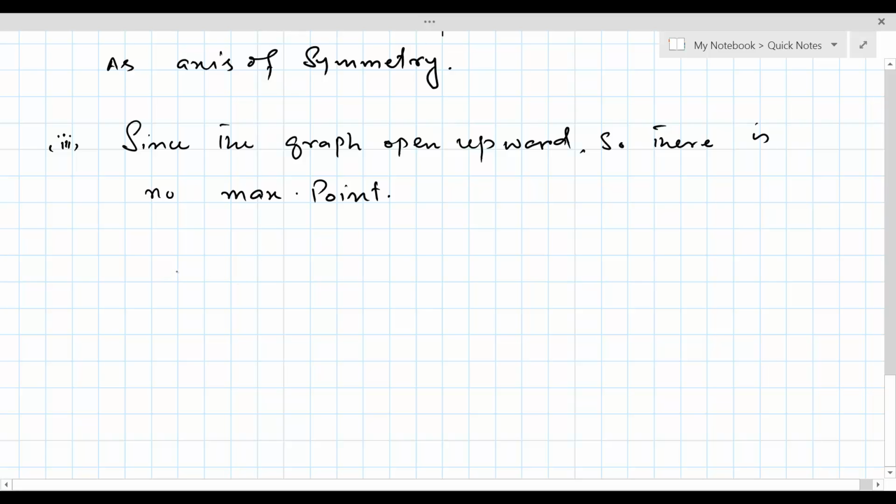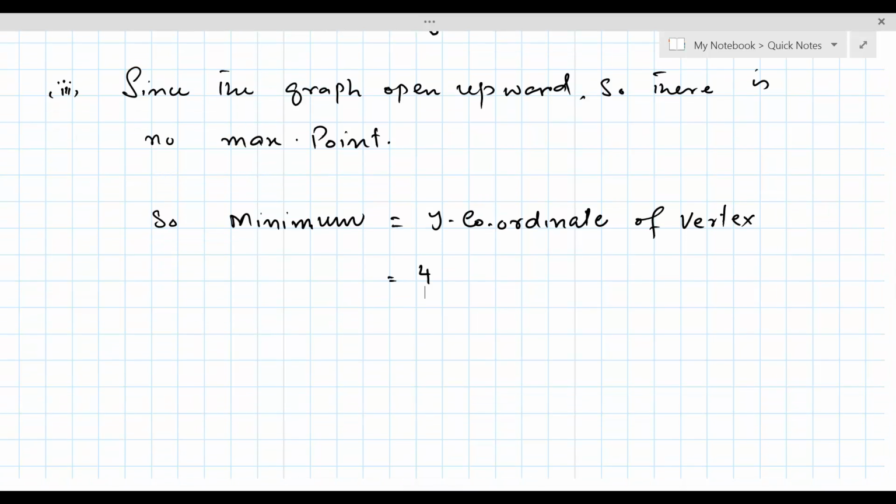So the minimum is equal to the y coordinate of the vertex, and this is equal to 4. So this is what we can say about the minimum.